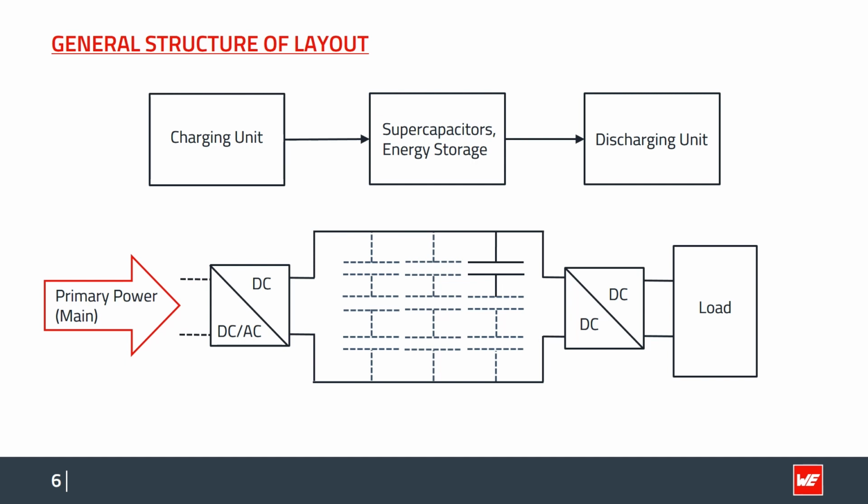The structure of the layout for supercapacitor charge storage units is basically always the same. They consist of a circuit or a unit for charging, a unit responsible for the actual charge storage, the supercap unit, and the discharge unit. The charging unit has the task to provide the necessary charging voltage and current.